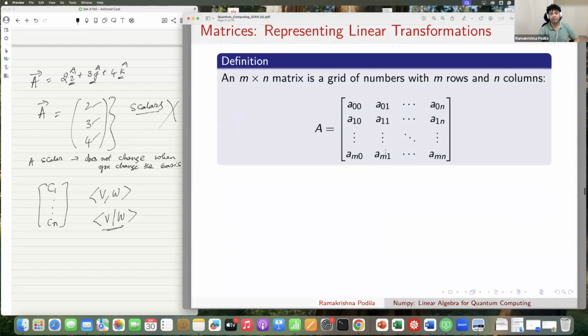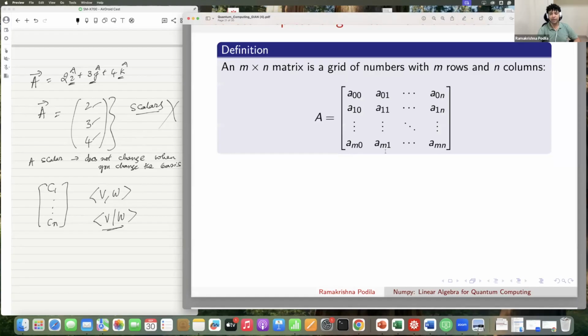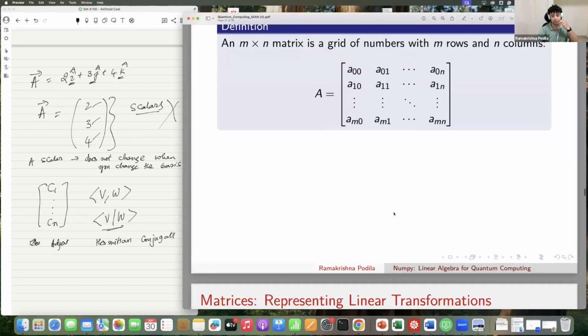And then you have an m by n matrix with m rows and n columns. When you do a transpose, you change the rows into columns. And when we talked about the conjugate, adjoint, or Hermitian conjugate, we take the complex conjugate of each element and then transpose it.